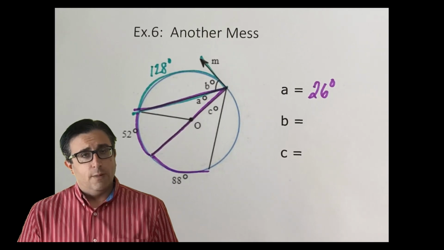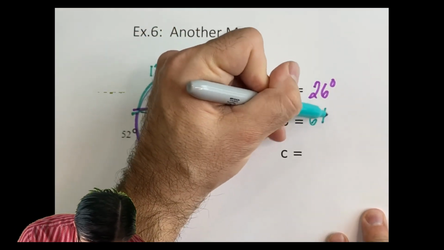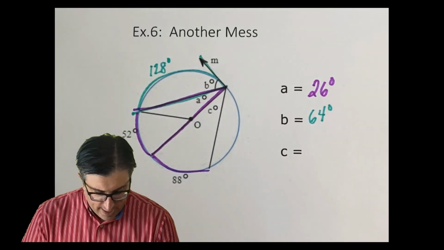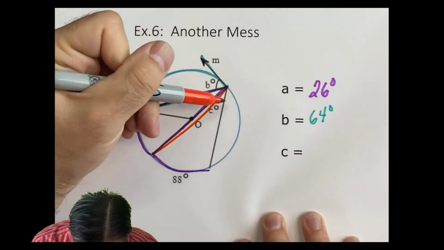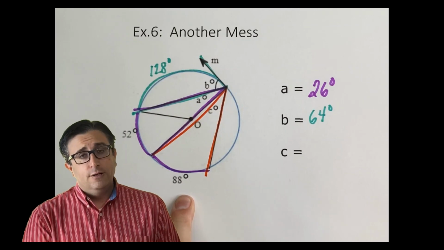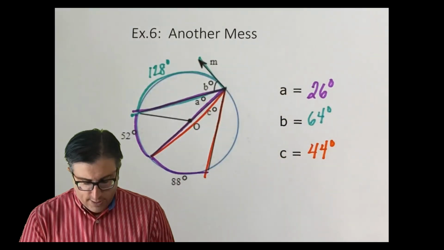The arc is always double the angle, so half of 128 leaves me 64 degrees for the angle. And finally, we're at C. C is a little bit easier than that one. C just goes out with these two chords, creates an 88-degree arc, so half of 88 is 44 degrees.